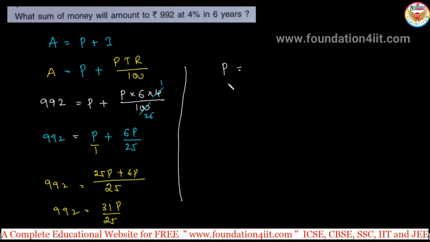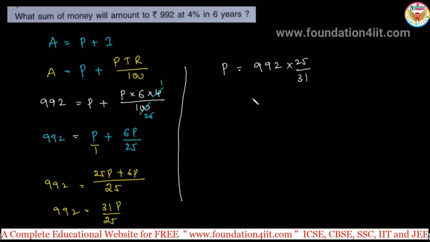Then finally P is equal to 992 into 25 by 31, the reciprocal on the other side. Yes, you can calculate this: 992 into 25 by 31.